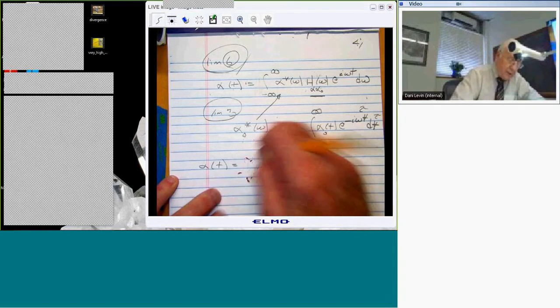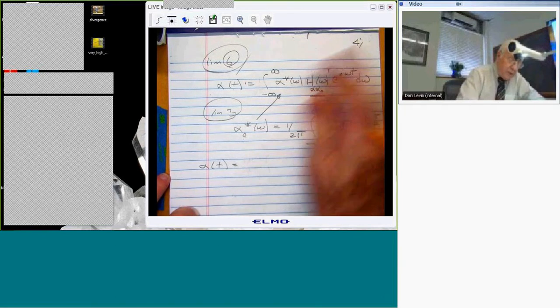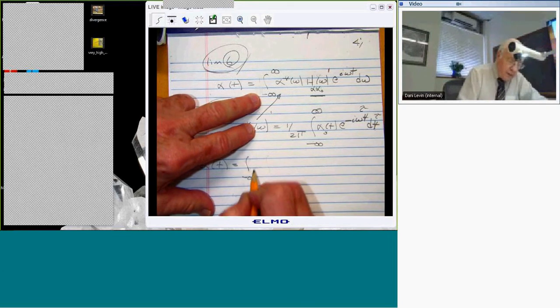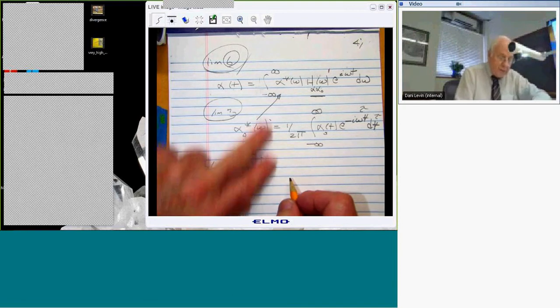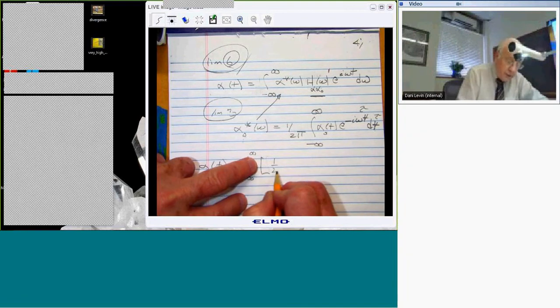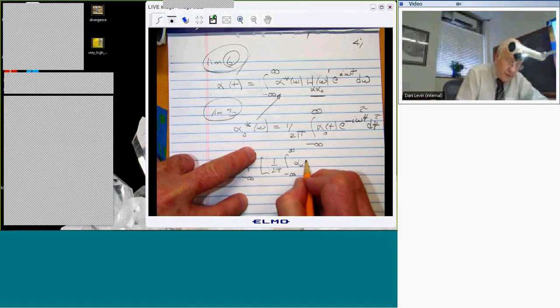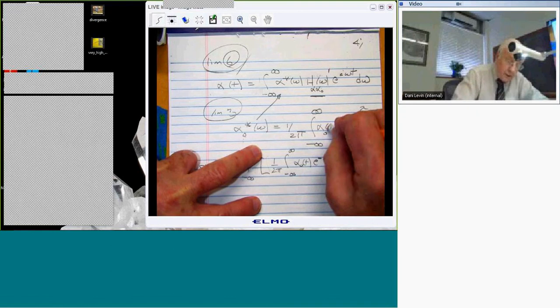Okay. So equation 6 now is the integral from minus infinity to infinity of alpha star, but alpha star is 1 over 2 pi, the integral from minus infinity to infinity of alpha naught of t, e to the minus I omega. Oh, I had to make this a tau also, right?